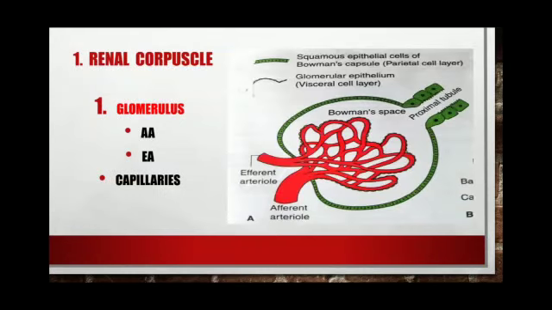The glomerulus is formed by the anastomosing branches of the afferent arteriole and the efferent arteriole. The blood enters the nephron via the afferent arteriole and leaves the nephron via the efferent arteriole. Further, this efferent arteriole continues as peritubular capillaries which surround the renal tubules.